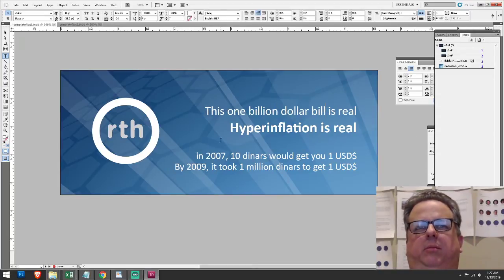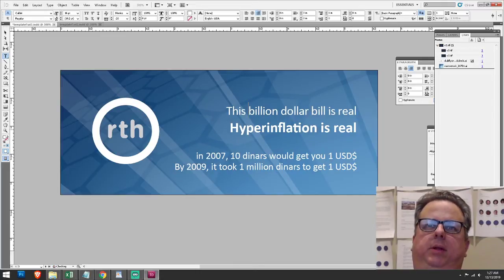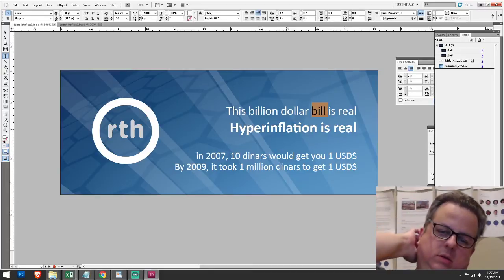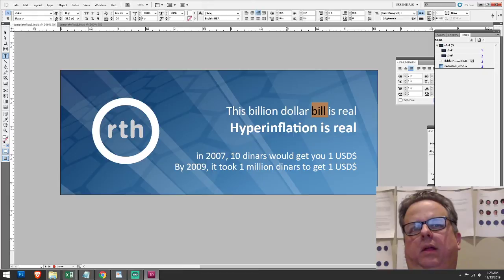This $1 billion bill is real. We could just say this $1 billion note is real.